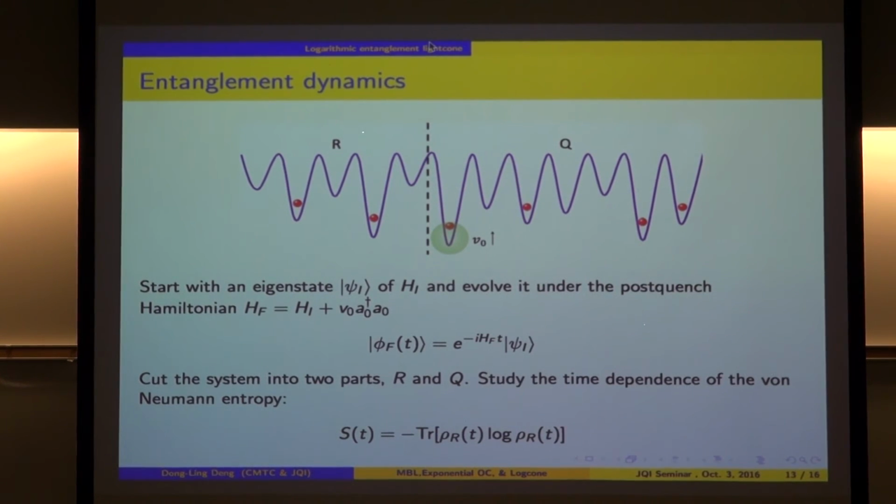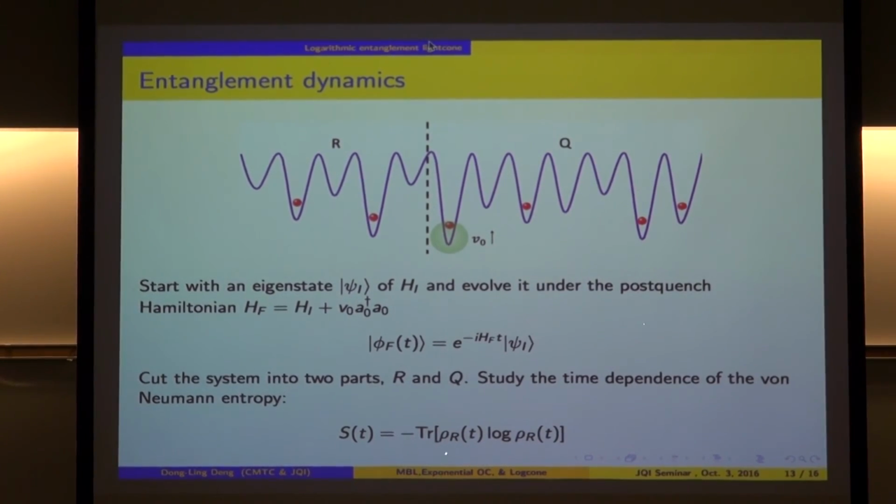We can then consider the entanglement dynamics. We cut the system into two parts, R and Q, and we calculate the von Neumann entanglement entropy, which is shown here. Here, rho_R is the reduced density matrix of this subsystem R.